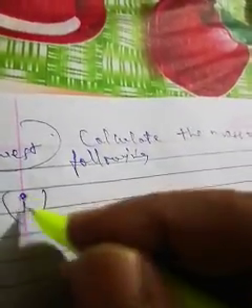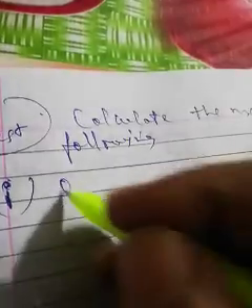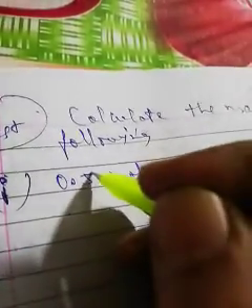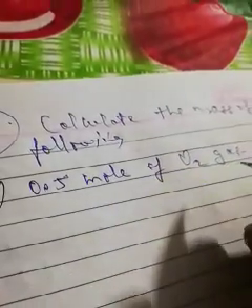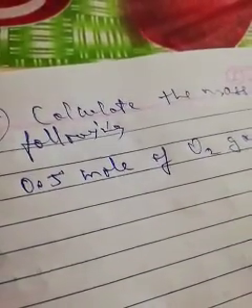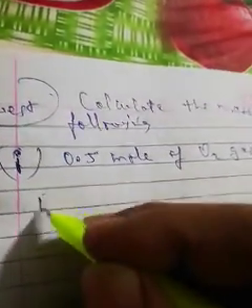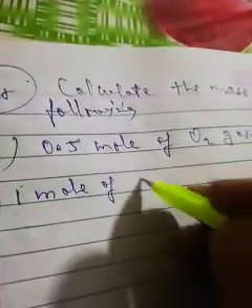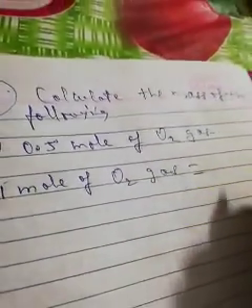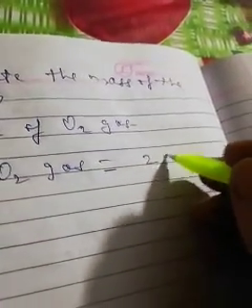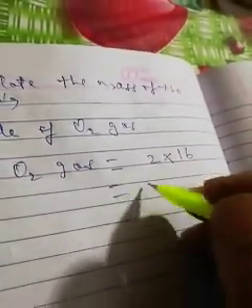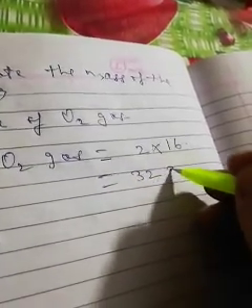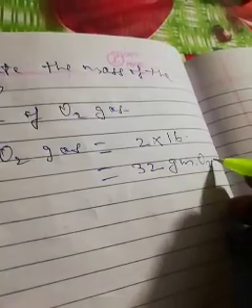First, 0.5 mole of O2 gas. How much will it be? We have to calculate mass. So first we should know that 1 mole of O2 gas will be equal to 2 into 16, that is 32 gram of O2 gas.